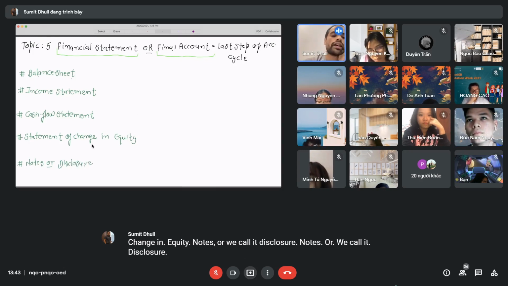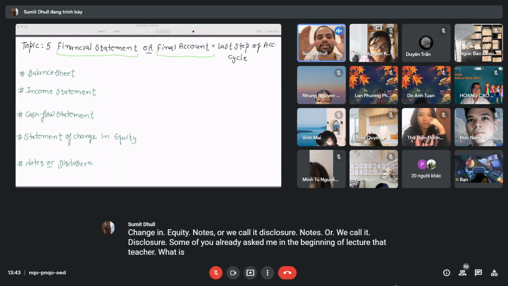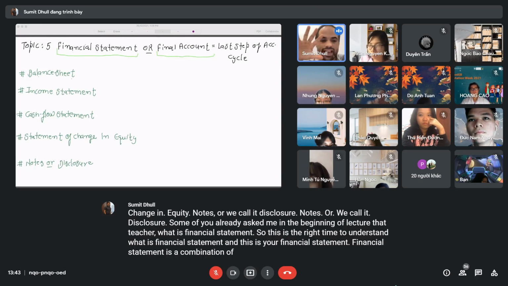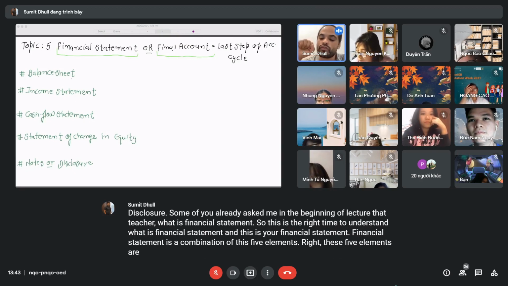Some of you already asked me in the beginning of the lecture, teacher, what is financial statement? So this is the right time to understand. Financial statement is a combination of these 5 elements.